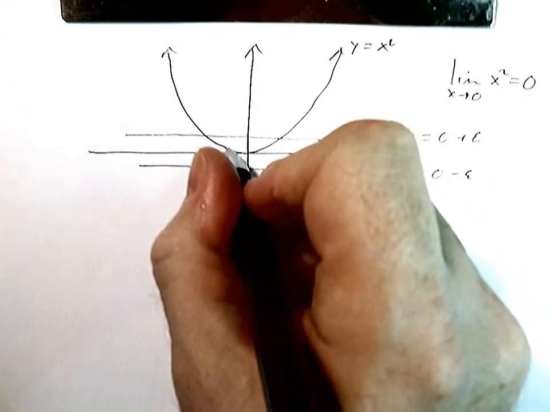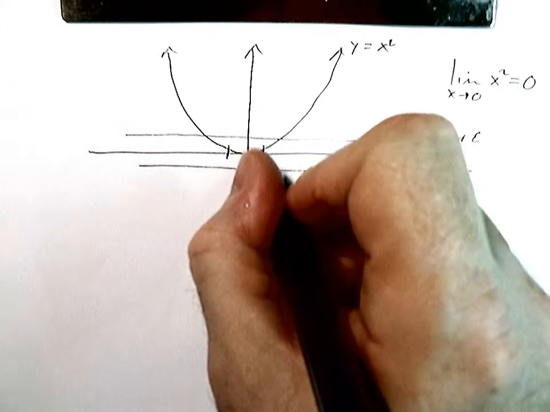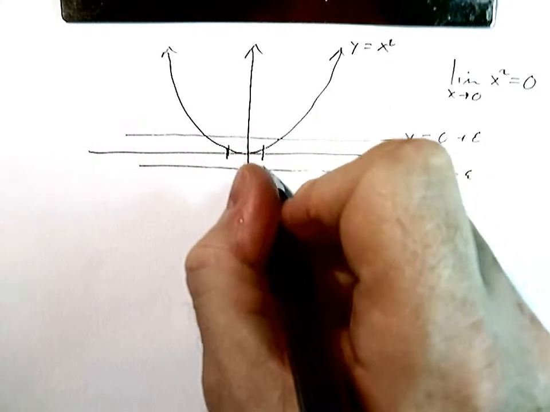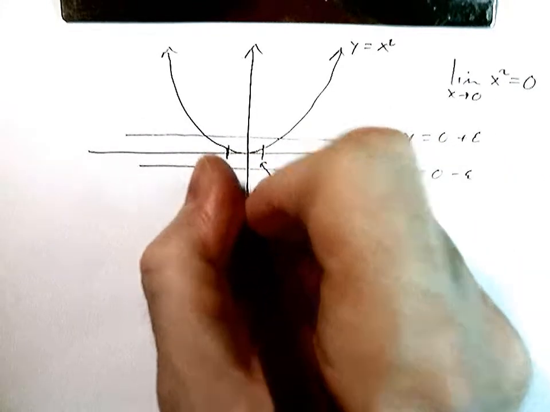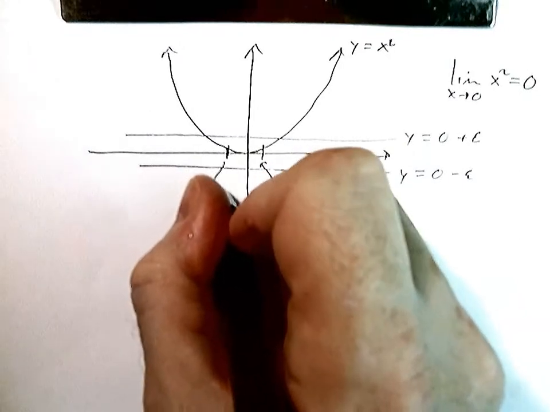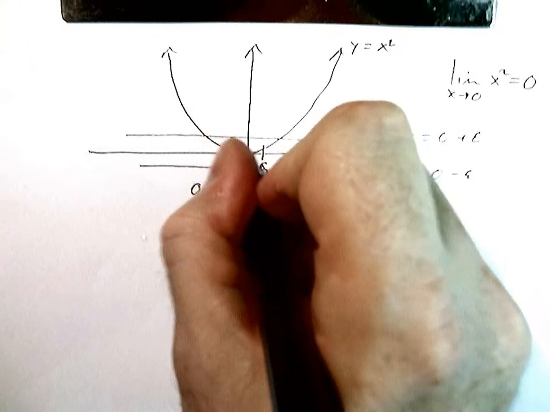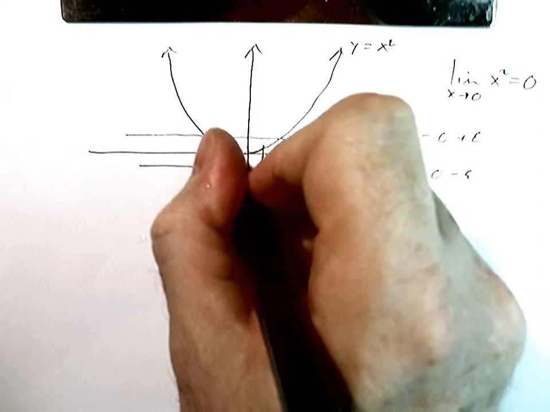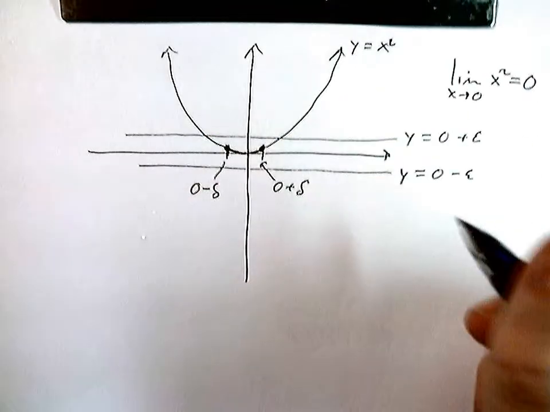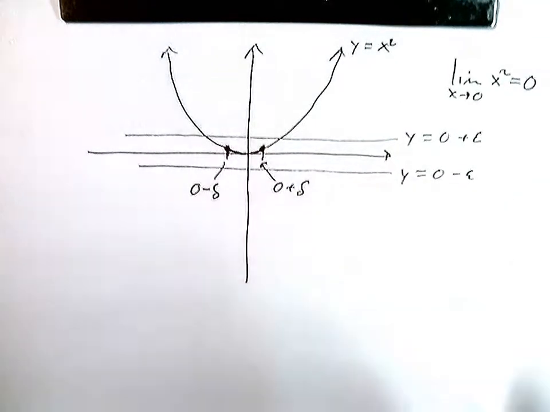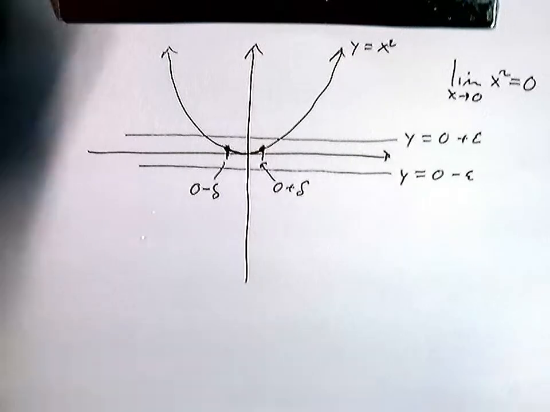And so it turns out if we were in this band here, so here's our 0 plus delta, here's our 0 minus delta, now all of the points on my curve, that little piece of the function, lie within this band. So these are limits that existed, but you can't always get that.